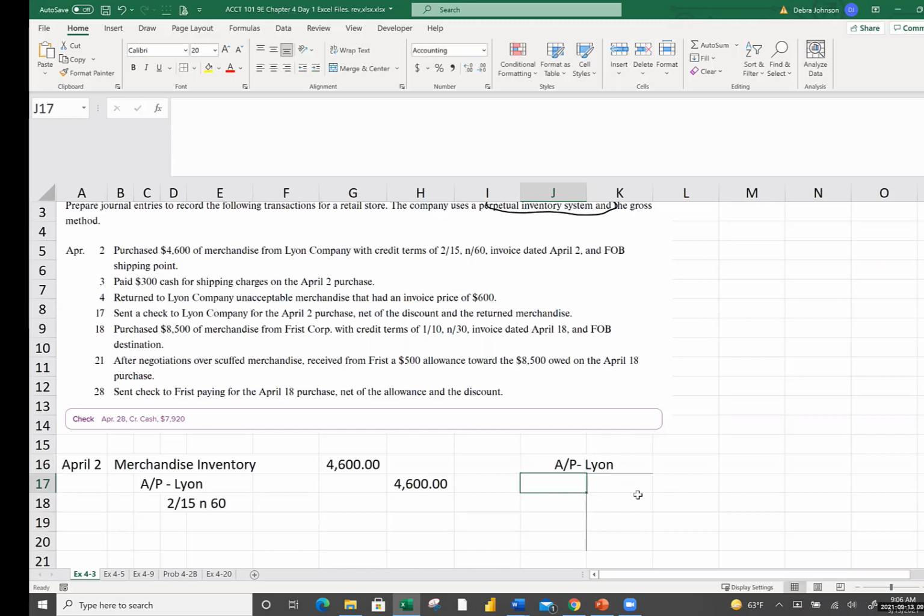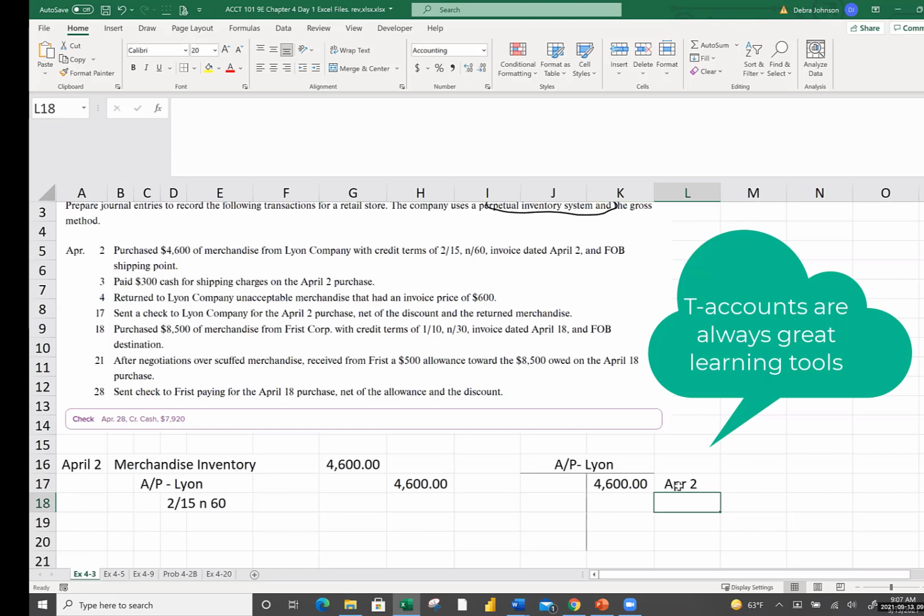And right now, if I were to write a check, I would owe them $4,600 less any kind of discounts. So as a matter of good habits, I would create T accounts for anyone that you owe money to or anyone that owes us money, accounts receivable wise. And that'll make life easier on the subsequent payments or receipts of cash.